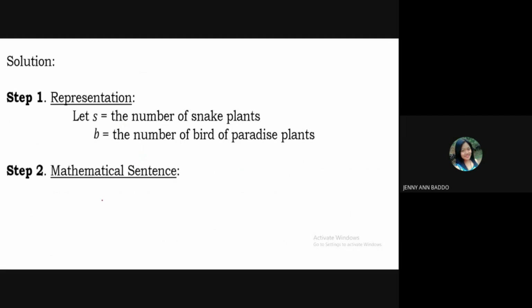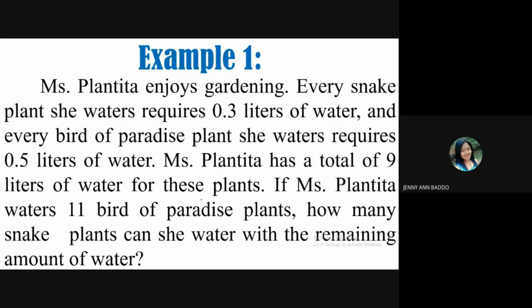we are now ready to make the mathematical sentence. In making the mathematical sentence, we're going to consider the statements here. Every snake plant she waters requires 0.3 liters of water, and every bird of paradise plant she waters requires 0.5 liters of water.